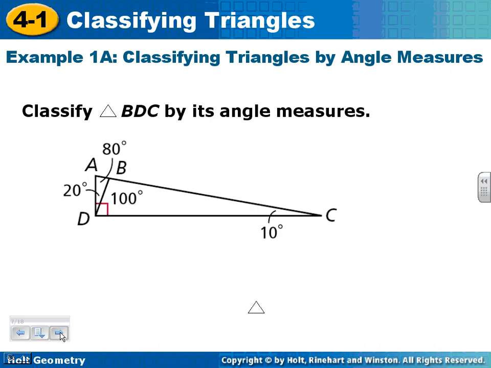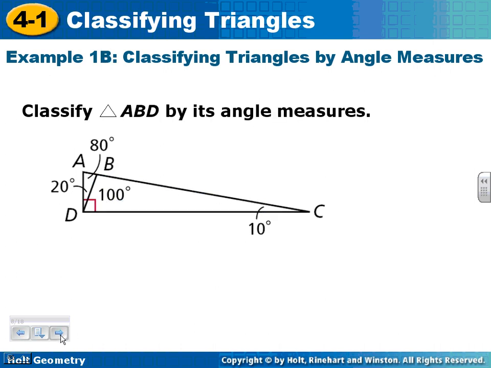Look at the next one. Classify ABD, which, let me draw that in there, A to B to D, this one right here. Now look at those angle measures. I see a 20 and an 80. Those are all acute. So that would be an acute triangle. Remember, with acute triangles, that's where all 3 angles must be acute.